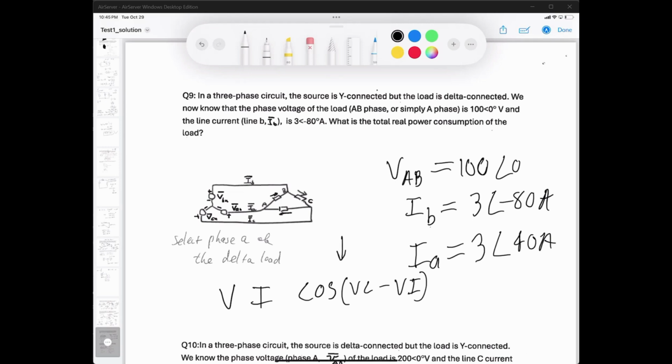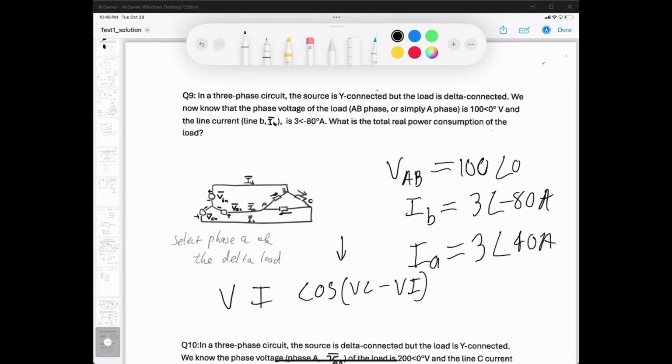Instead of doing the other way, which is V times I conjugate, that'll show you both the real and reactive power. You can also do it with this one if you include all the angles, but we're solely worried about the real power.